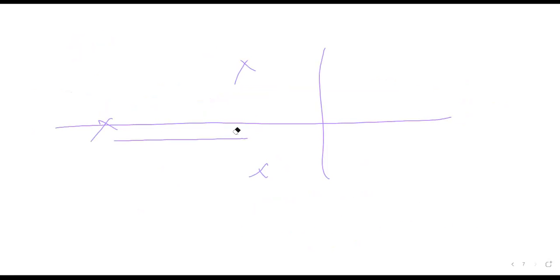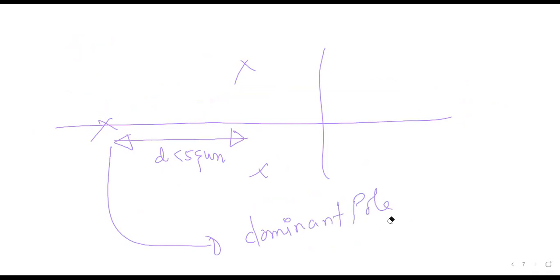Suppose you have this pole and this additional pole, and this distance is less than 5 zeta omega n. So you will say that it is a dominant pole, and you can't neglect a dominant pole. Is it fine?